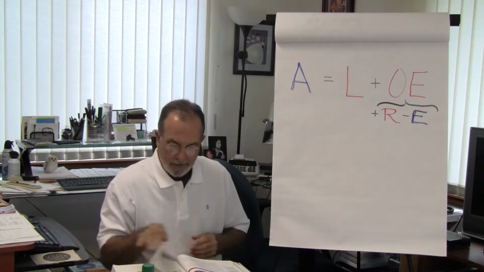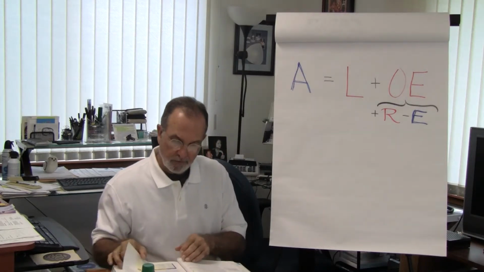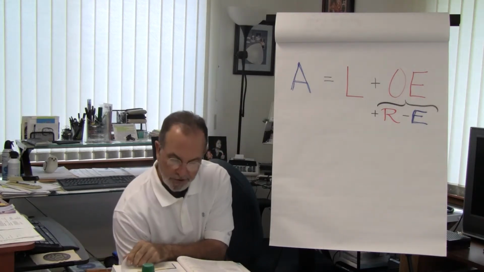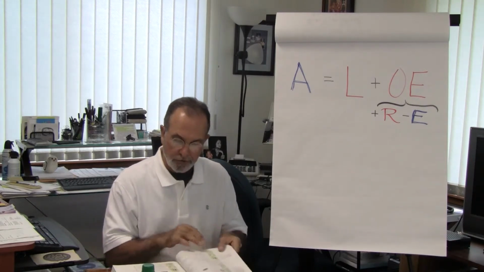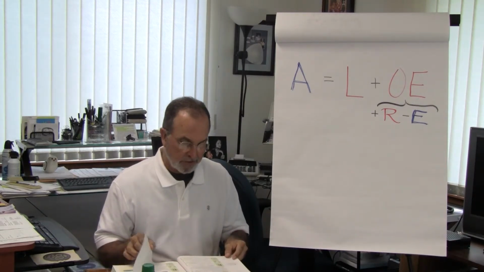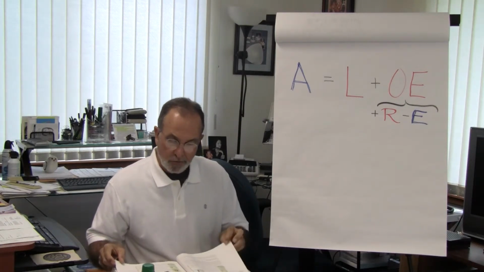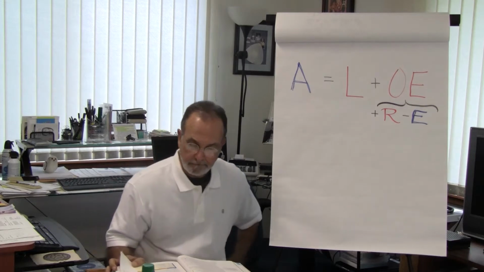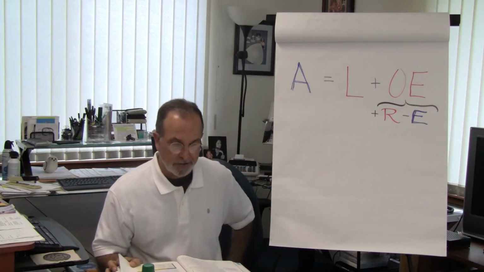Okay, moving forward, starting on page 49 and moving forward are a number of examples of different types of transactions. And on page 49, step 1 is shown as analyze transactions.